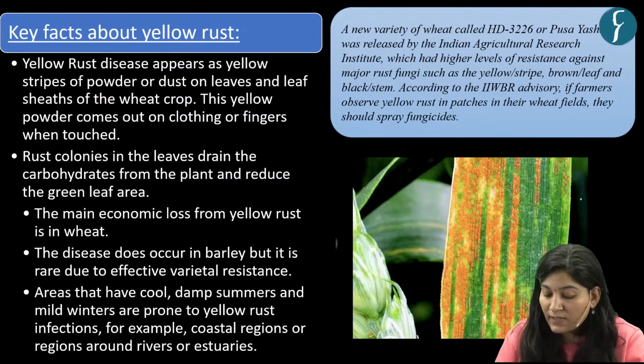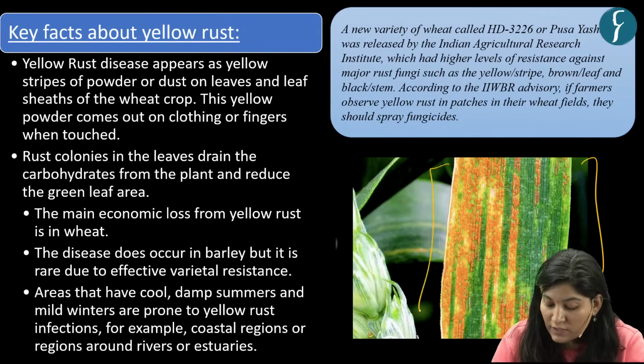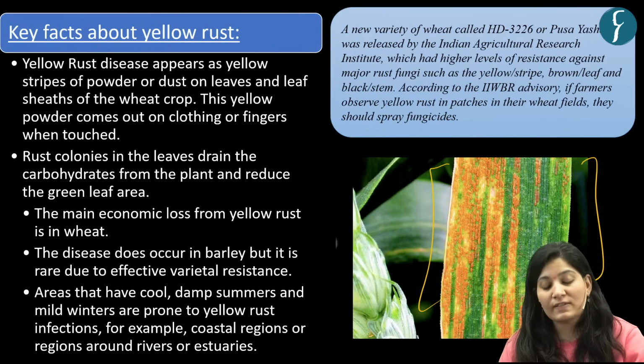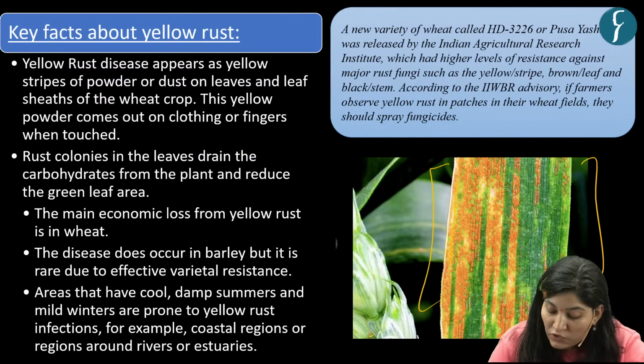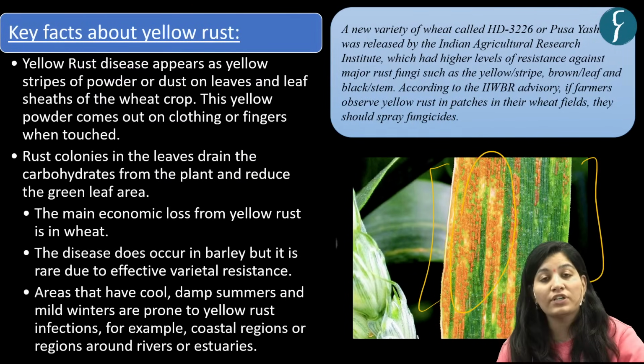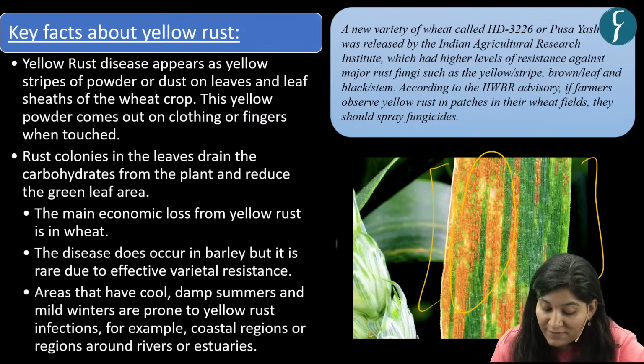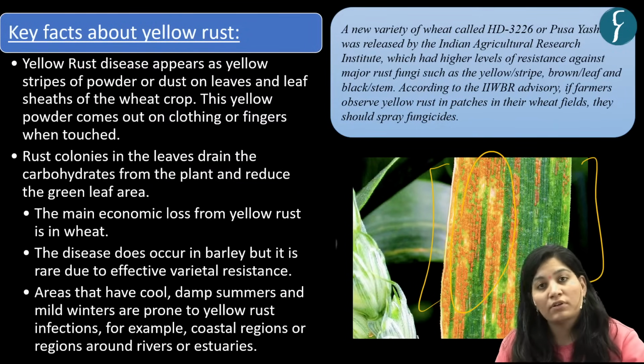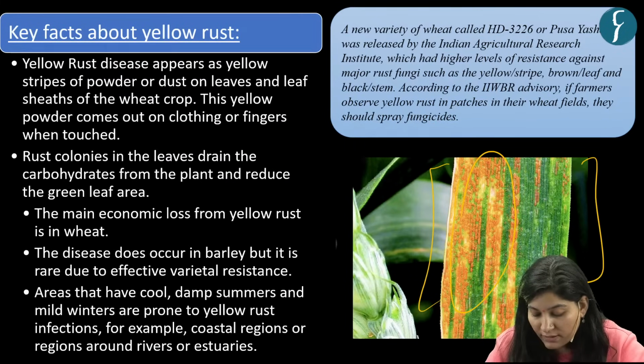See, here you can see an image of this rust. Yellow rust disease appears as a yellow strip of powder or dust on the leaves and leaf cells of the wheat crop. Got it? Here you can see in this image, the yellow strip is there.